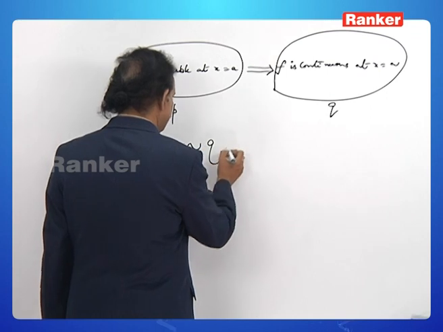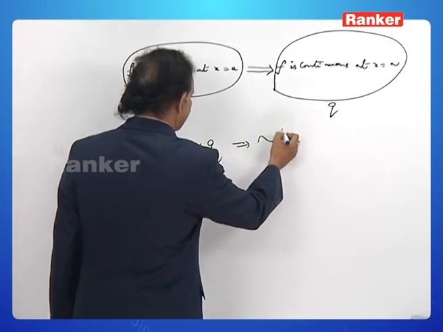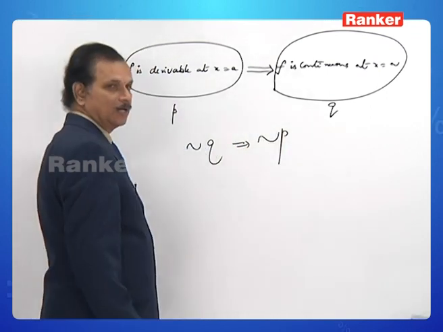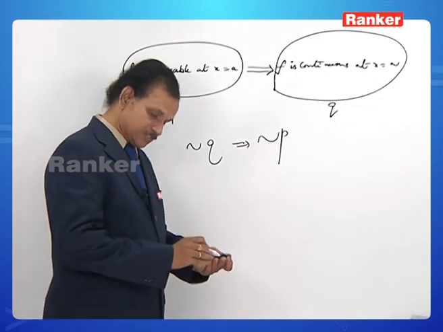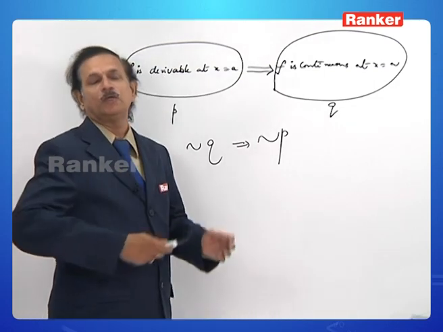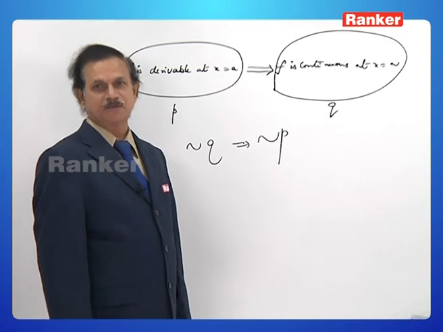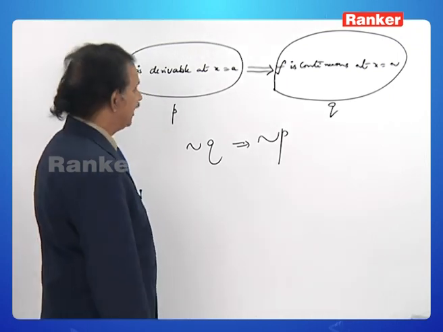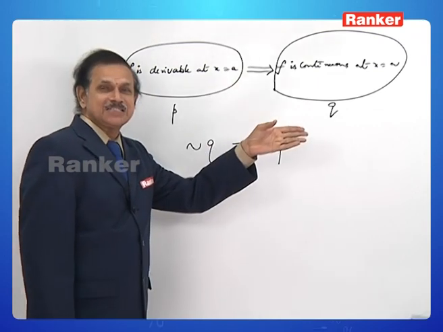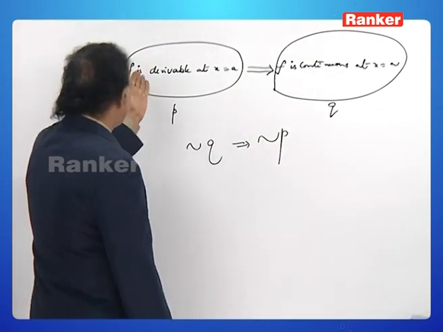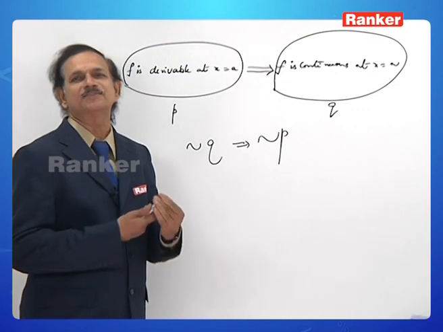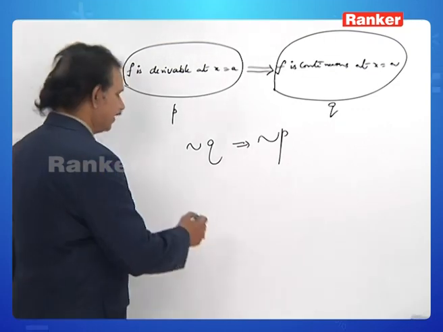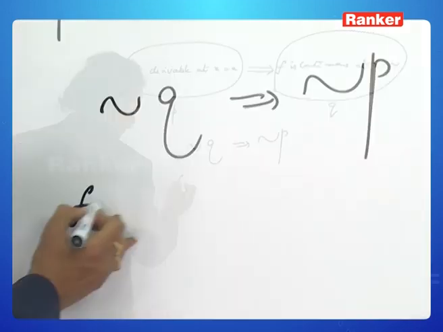Negation of Q implies negation of P. And from logic, we recall that every statement is equivalent to its contrapositive. That is, f is not continuous at x equal to a implies f is not derivable at x equal to a, isn't it?